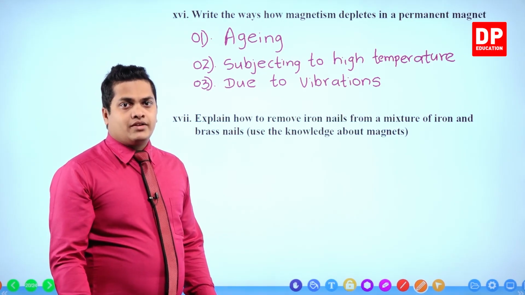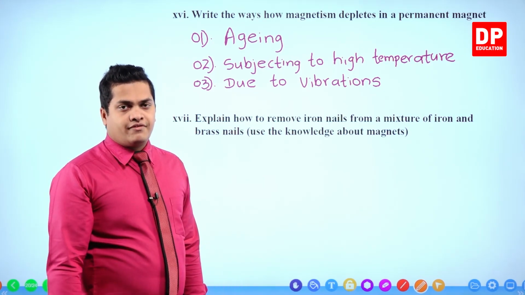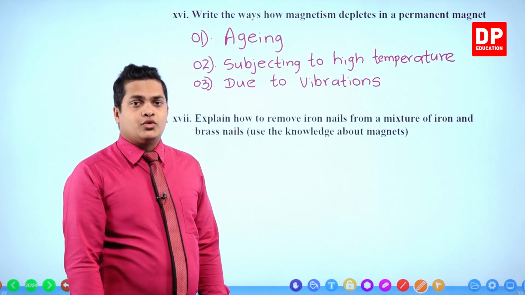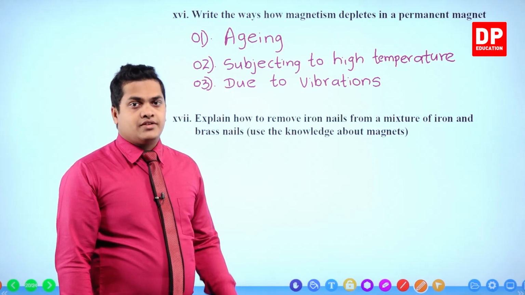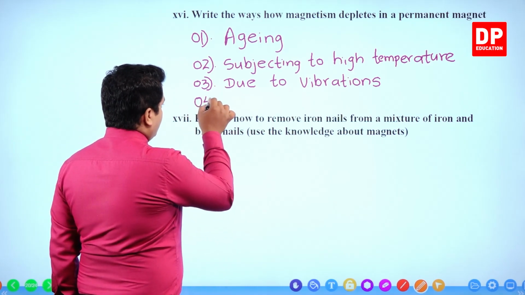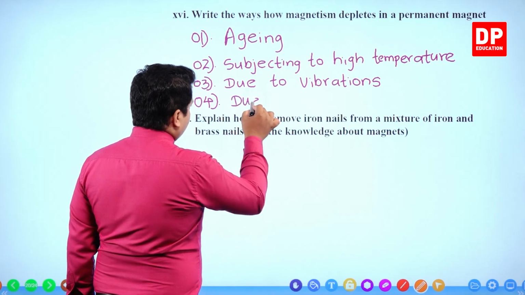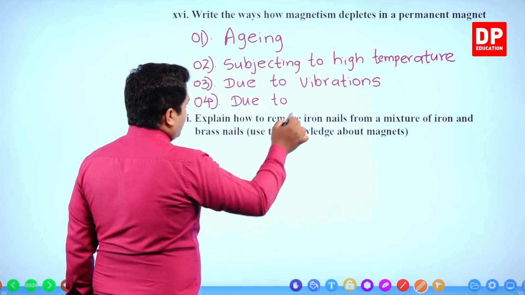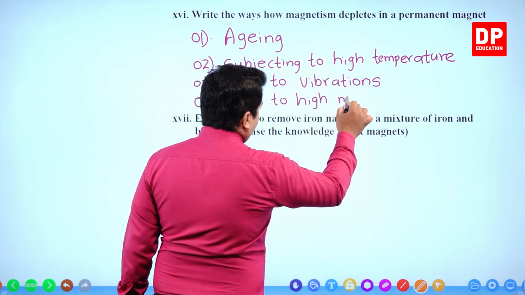And the fourth and final way: if a permanent magnet is subjected to a greater or higher magnetic field, in that kind of situation also there is a possibility to reduce the amount of magnetic field or magnetism. So the fourth one is due to high magnetic field.